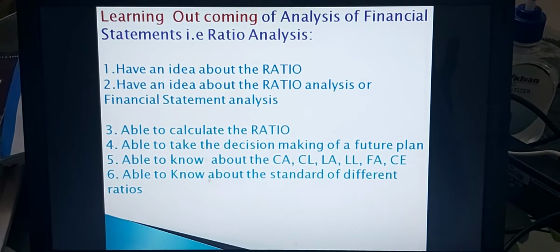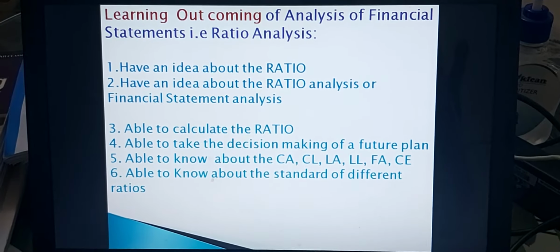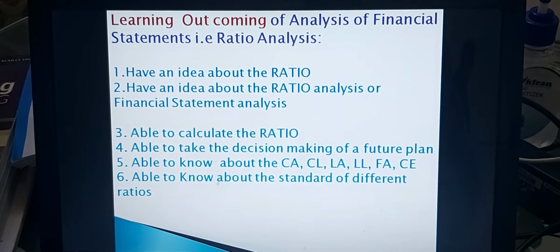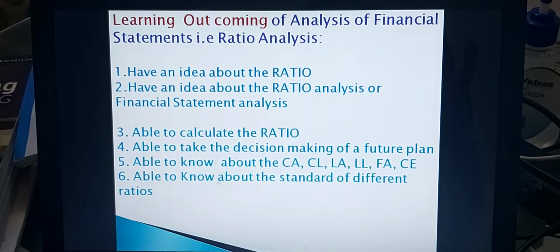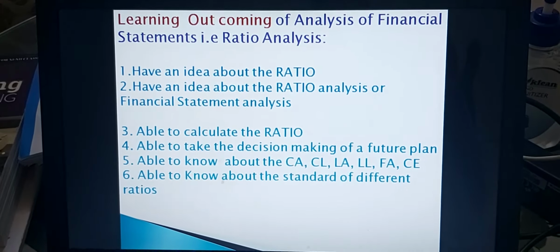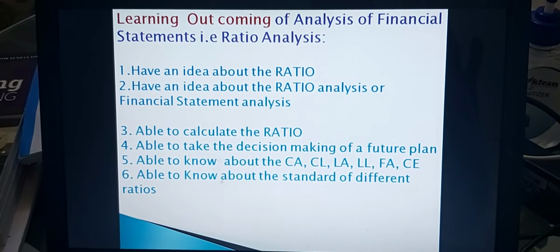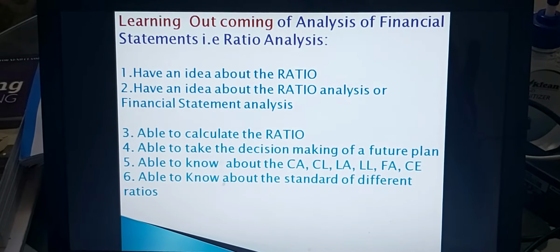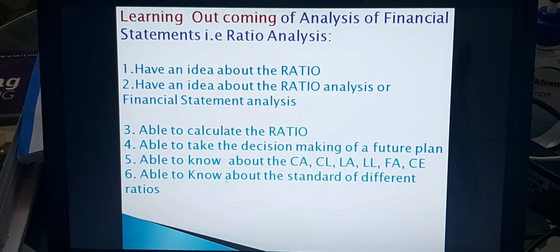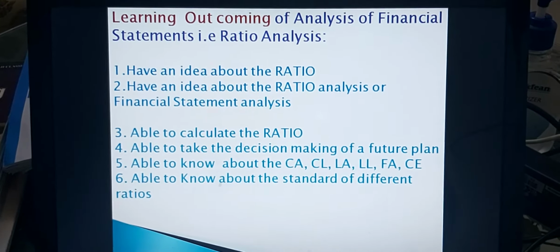Number 4, be able to make correct decisions for a future plan. Number 5, be able to know about current assets and current liabilities, long-term assets or liquid assets, long-term liabilities, fixed assets, capital employed, and fictitious assets. Number 6, be able to know the standards of different ratios from this chapter.